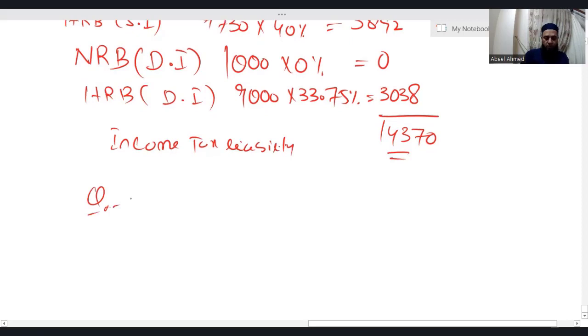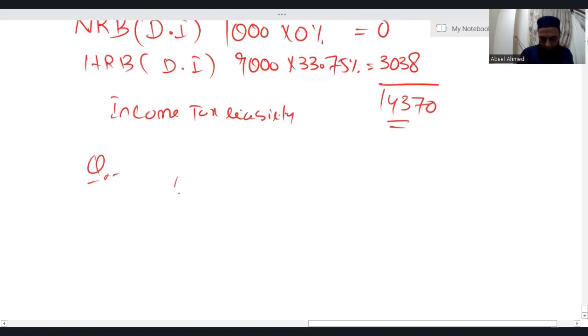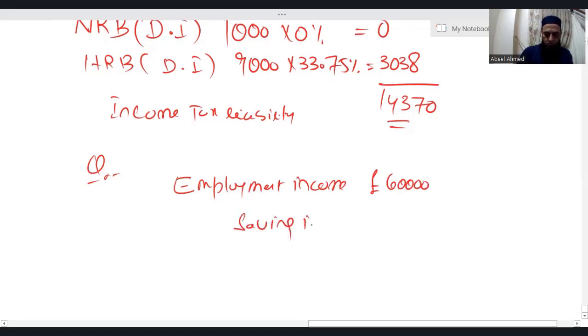Now let me just give you a question. I really want every one of you to try to attempt this question. Employment income is 60,000. Saving income is 15,000. Dividend income is 5,000.